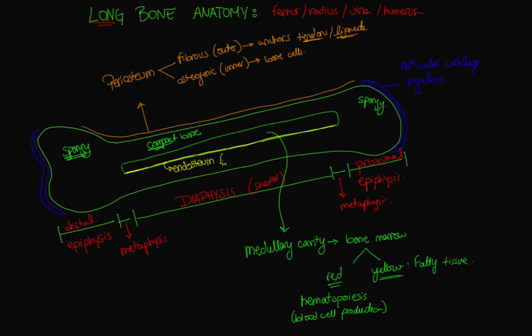This is going to line the inside of the bone, so it lines the medullary cavity. It also contains bone cells, and we'll talk again about bone cells in a different lesson.